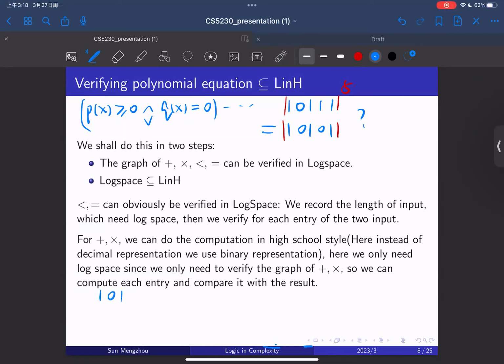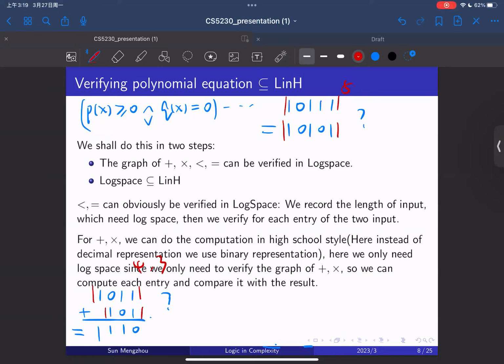We want to compute 1011 plus 101 and let's say the result is 0111. We want to verify whether this is correct or not. So what we do, the first thing is again we record the length of the input, which needs log space. So the length of the input would be 4 and 3.